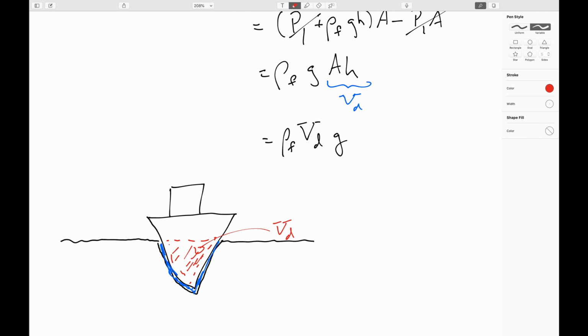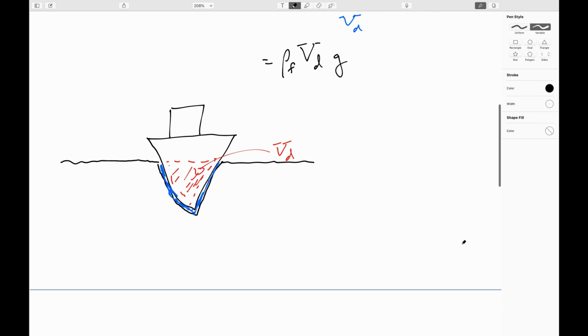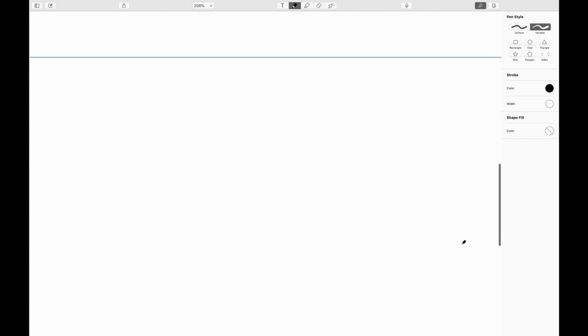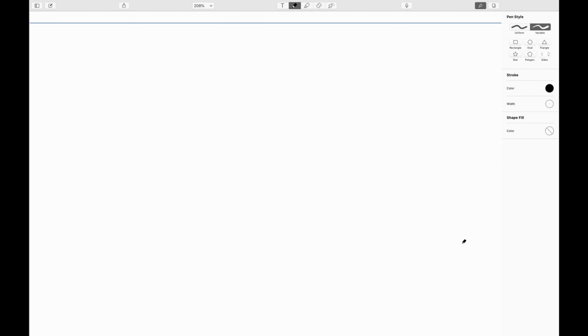Alrighty, so even things that are sinking also feel a buoyant force. And this is something that matters, especially to chemists when they're being very fussy. But let's just do a more straightforward example.